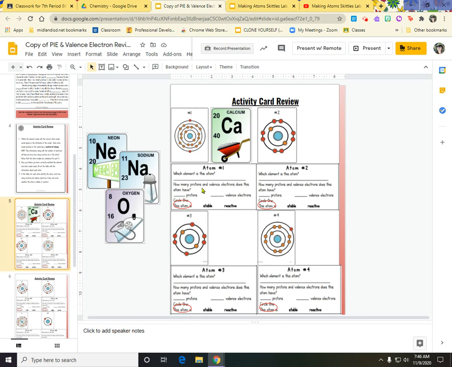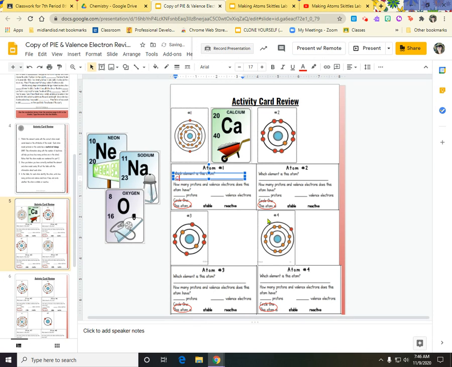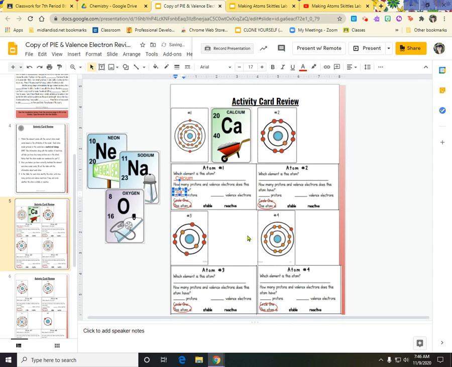Now I have to fill this out. It says which element is this? So it's calcium. And it says how many protons and valence electrons does the atom have? Well, protons, because of APE, is going to be equal to that top number. So it's going to be 20.